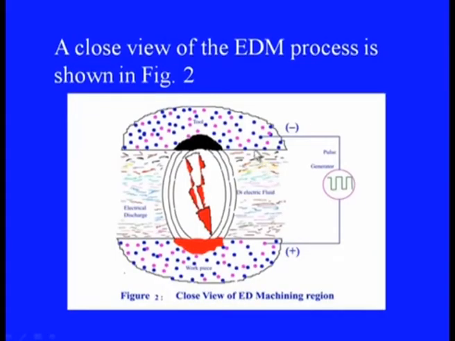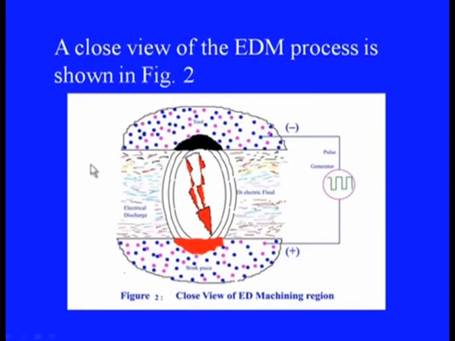So, therefore, a very thin layer will be deposited on this surface because of this molten material getting deposited on it, and since the dielectric will be continuously flowing and this electrical voltage will be applied in some sort of pulses, not continuously, therefore, momentarily this sparking will stop, which is called the pulse off time.